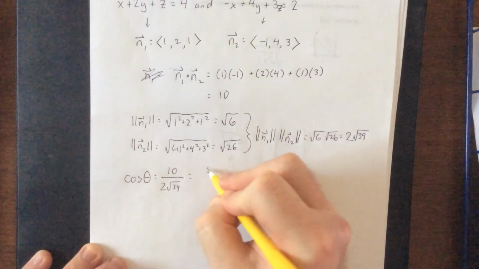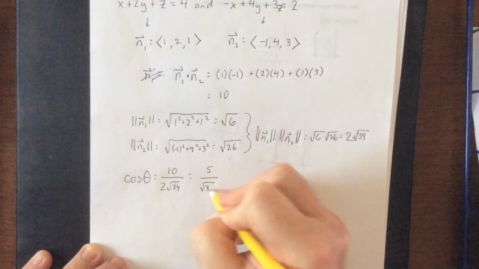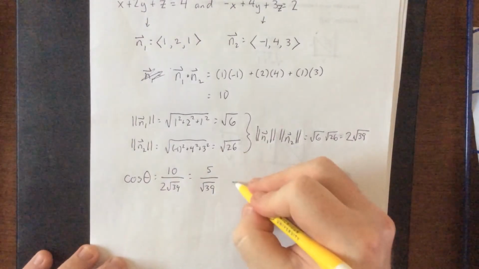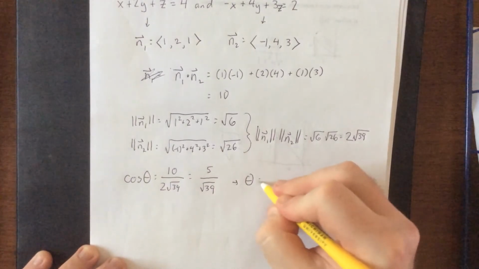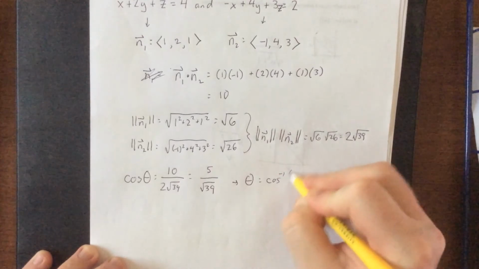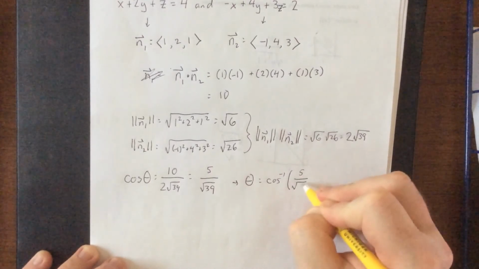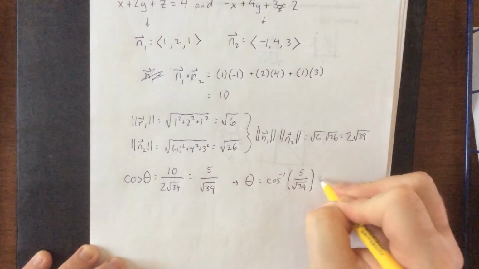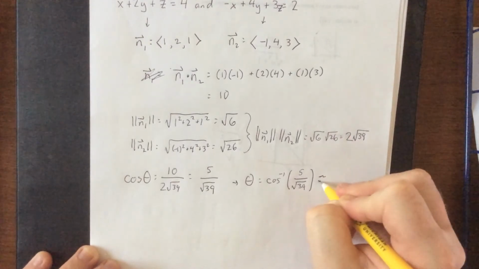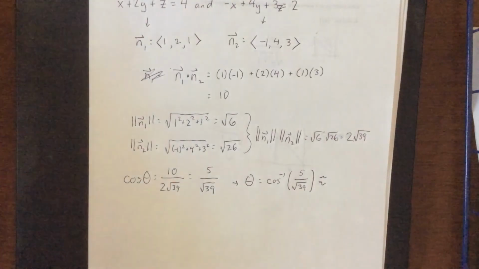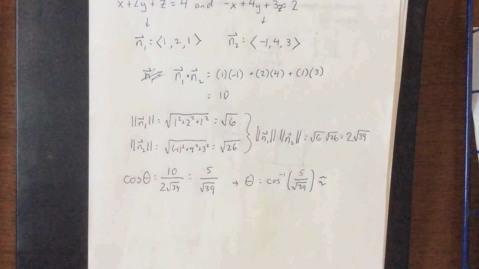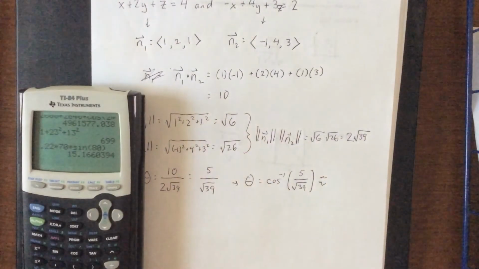For the purposes of the calculator, I am going to simplify this. So the angle that we're looking for is going to be the arc cosine of 5 over the square root of 39. The good news is, I can already tell this is an acute angle by the fact that the dot product was positive.